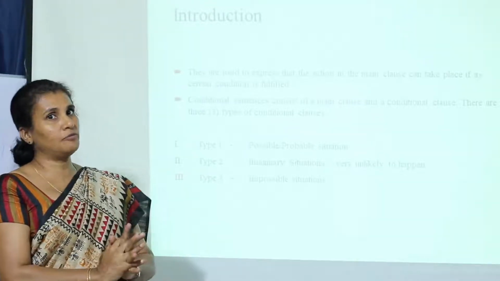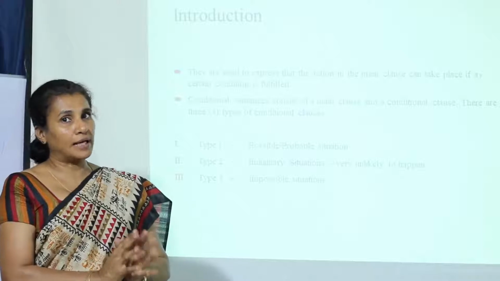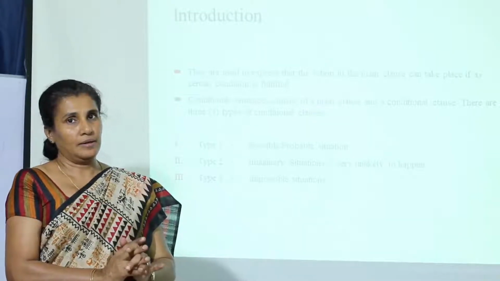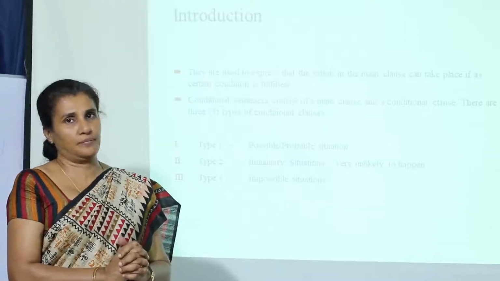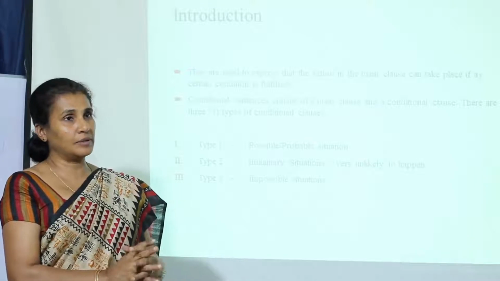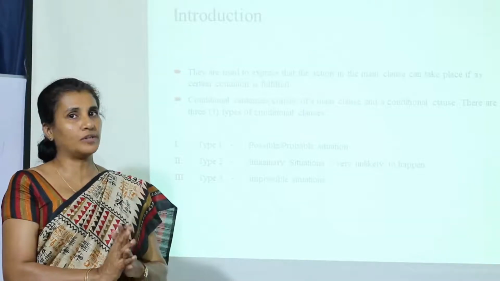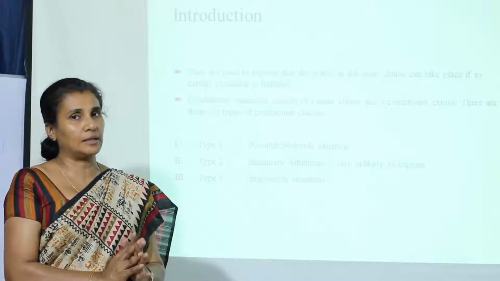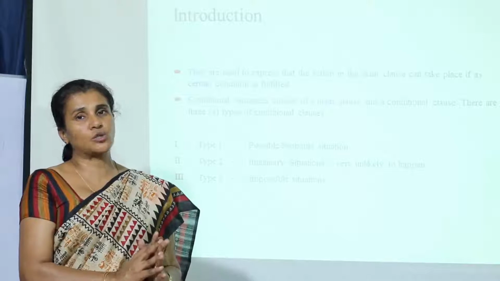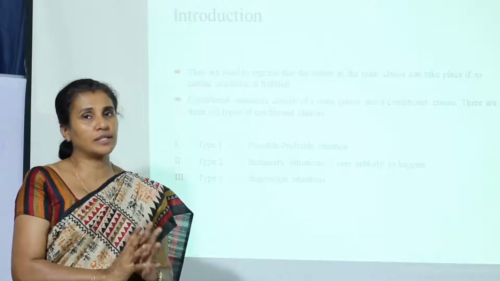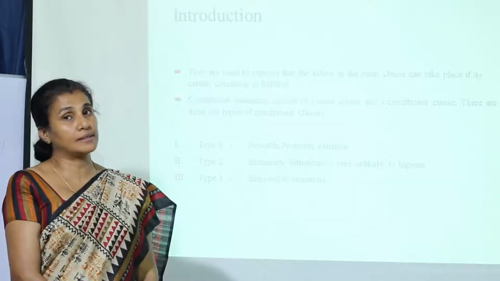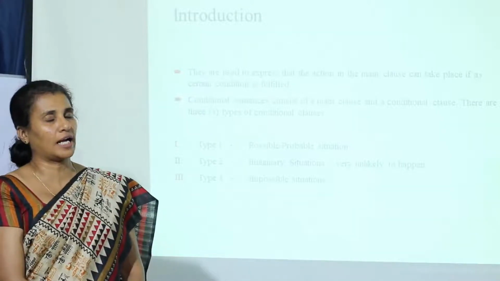The second type is sometimes possible but unlikely to happen, an imaginary situation. There are grammar rules, so we have to learn them. We use the second type in an unlikely or imaginary situation. And the last one is the conditional if type 3.